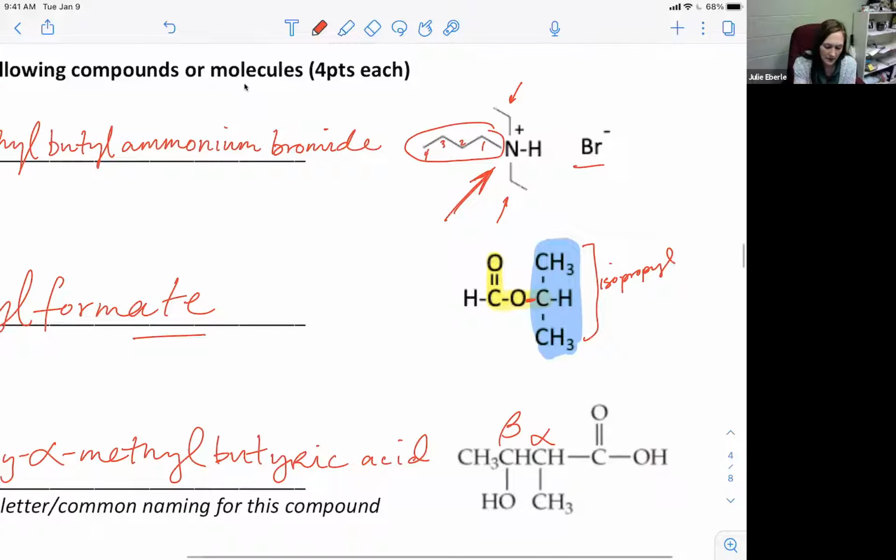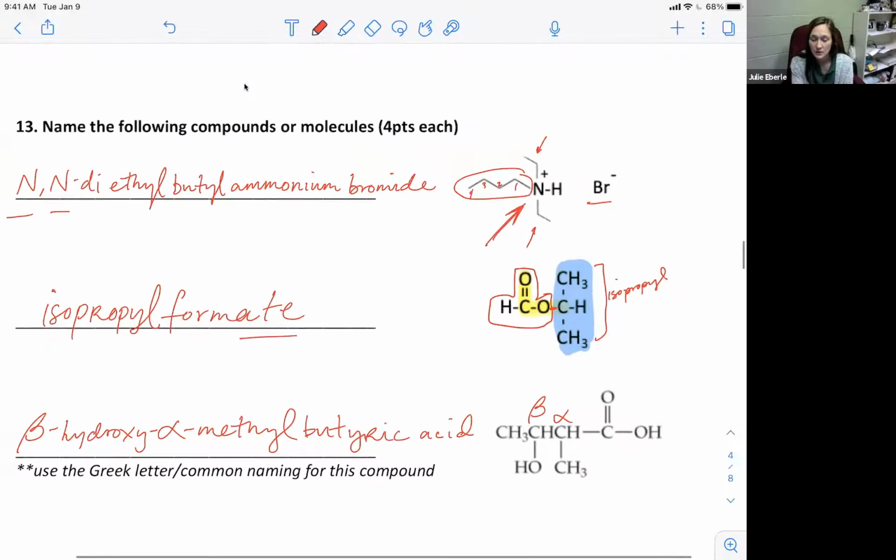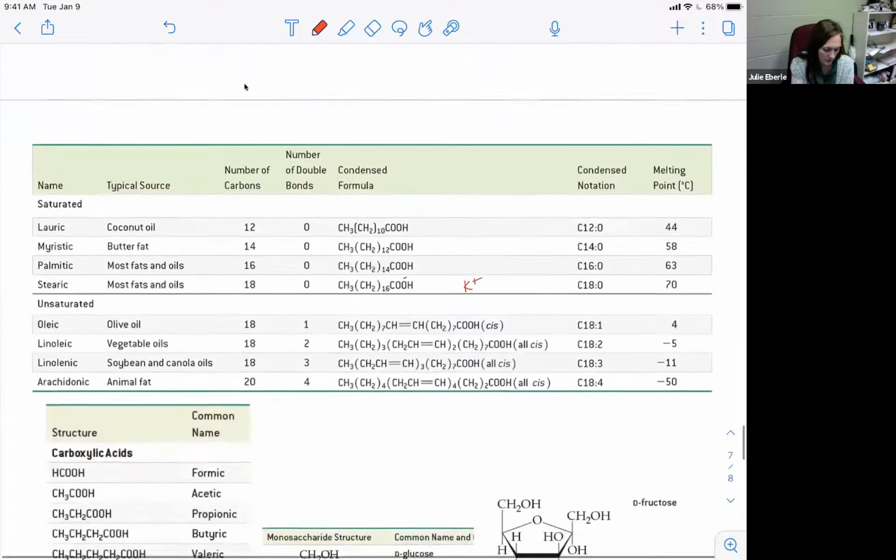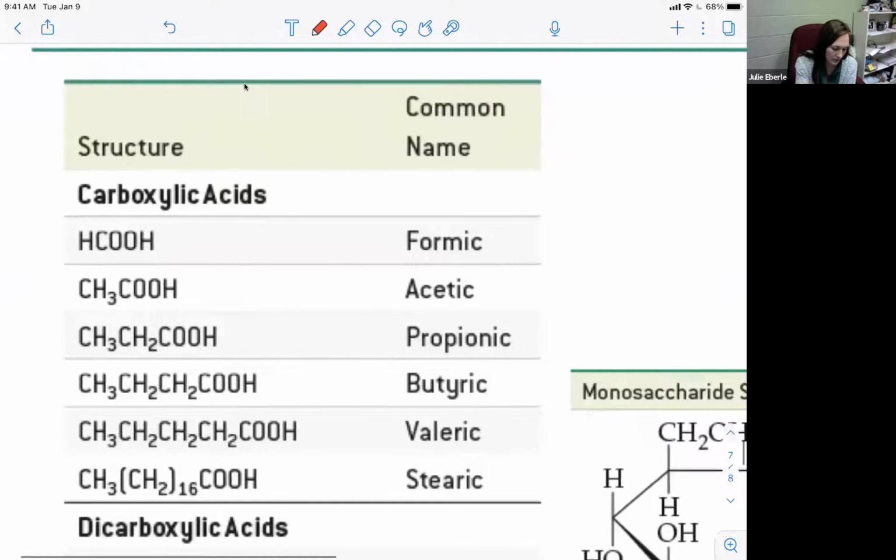And for this ester, you have to consider, okay, what acid did my carboxylic acid portion come from? I think I put it on your resources page. Right here. So here's the carboxylic acid portion, and when the only substituent attached on the other side of the carbonyl carbon is the hydrogen, that's formic acid.